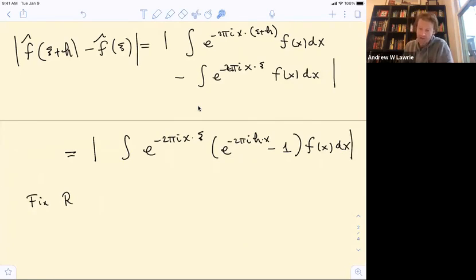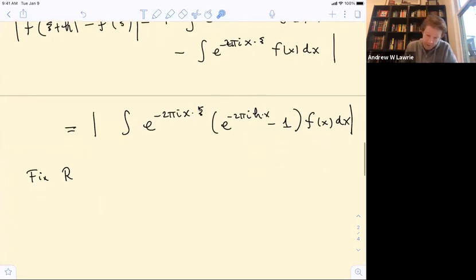So I'm just going to chop this integral into 2 pieces. I'm going to pick a big ball of radius r. Since f is an L1 function, I know its tail in L1 is small. So I'll make the whole thing small by picking a big ball of radius r, where it's small in the exterior, and then inside a fixed ball of radius r, I can make this uniformly small.